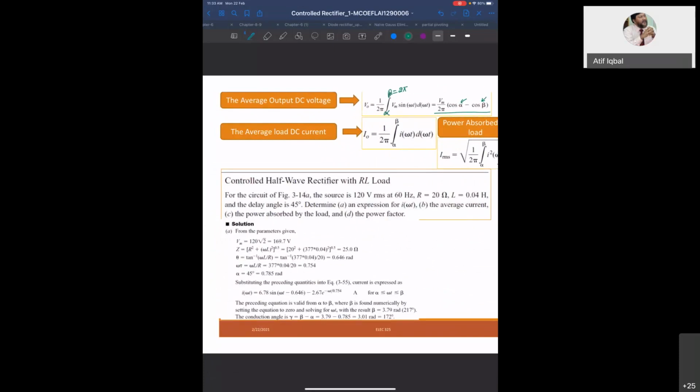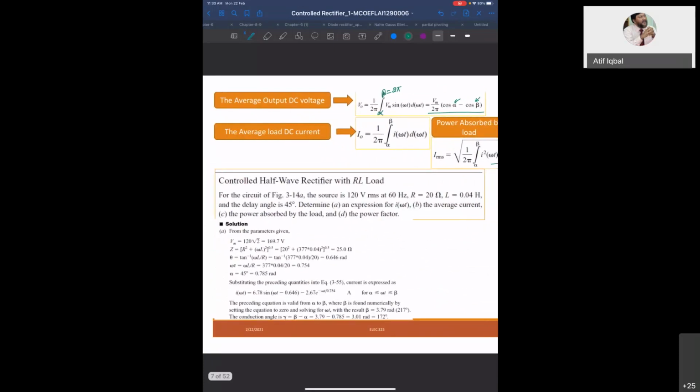For the circuit, the source voltage is 120 volt RMS, 60 hertz, RL load given, and the delay angle alpha is already given as 45 degree. Determine the expression for the current, the average current, the power absorbed and the power factor.